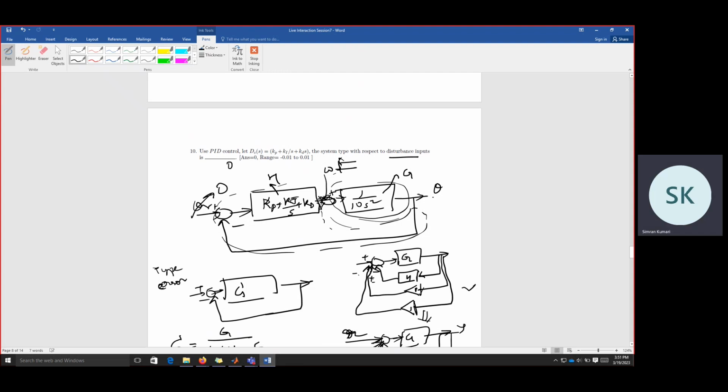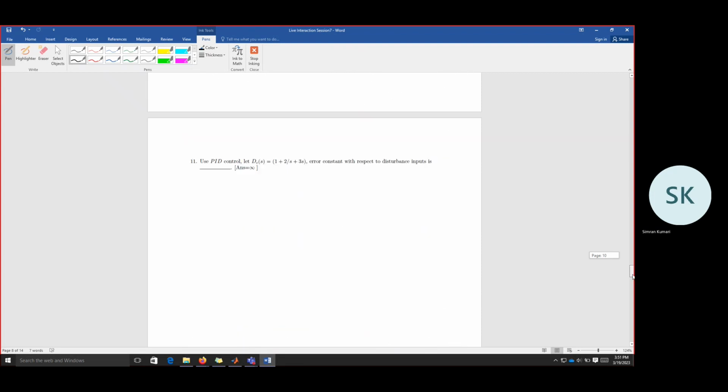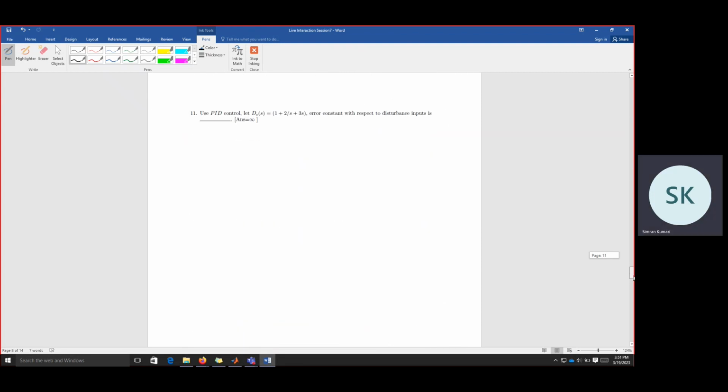There will be some effect of this input on the output theta, that is the altitude. And so now it says that DC is 1 by 2, 1 plus 2 by s plus 3s.